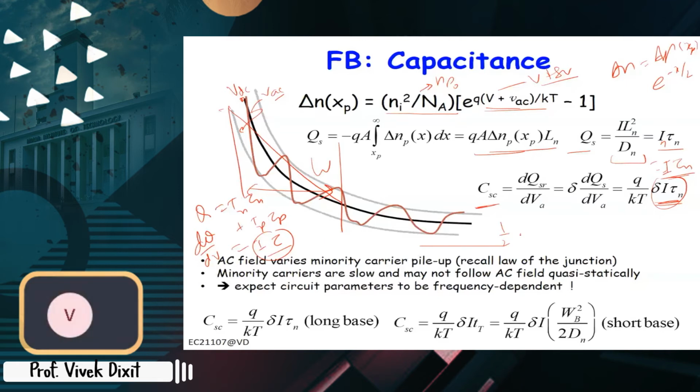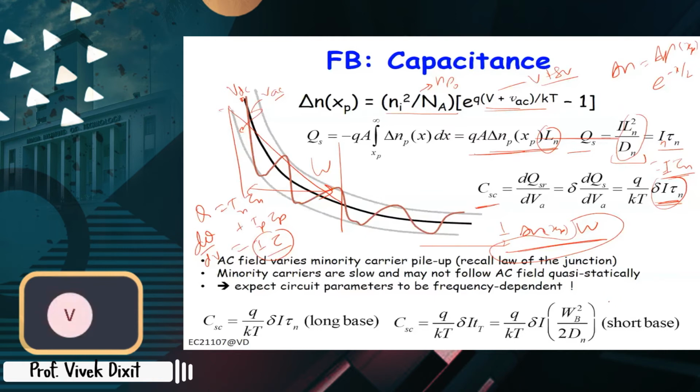So if you compare these two, this W by 2 is appearing instead of L. So here instead of L squared by D, we will have W squared by 2D, because they have to cross this length W, right? So you have to multiply by W.